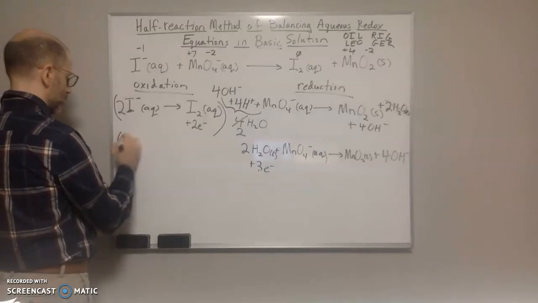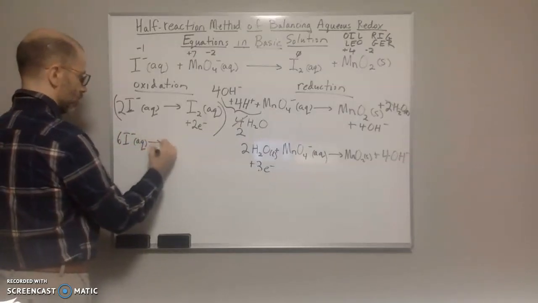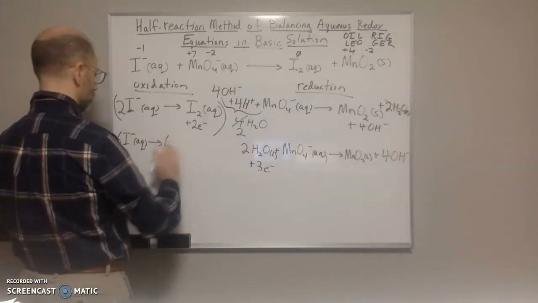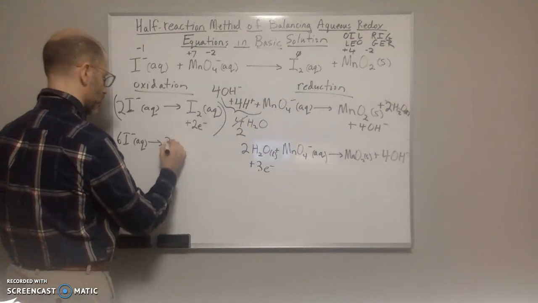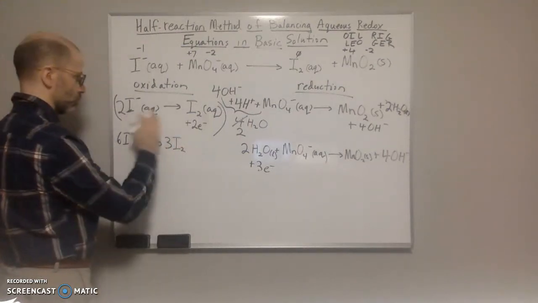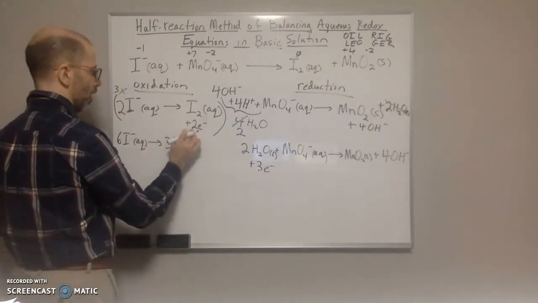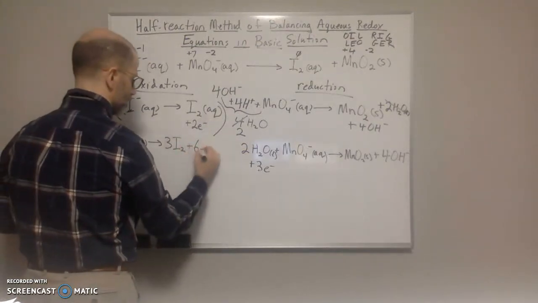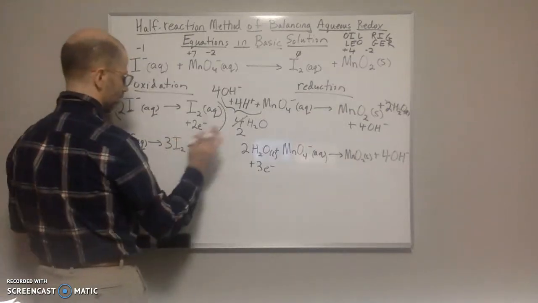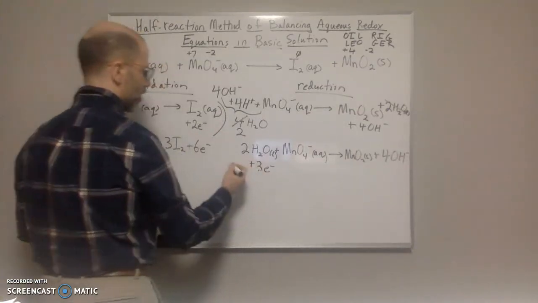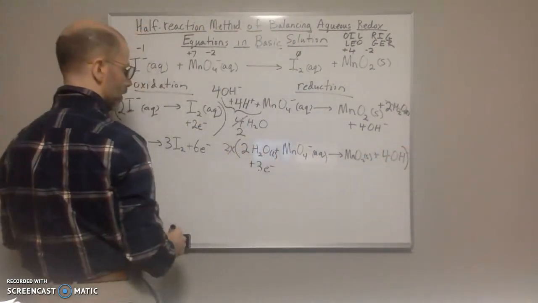So that's going to give me 6I minus aqueous goes to, oops, that's going to be 3 I2 because I'm multiplying everything by 3, and then plus 6 negative electrons.